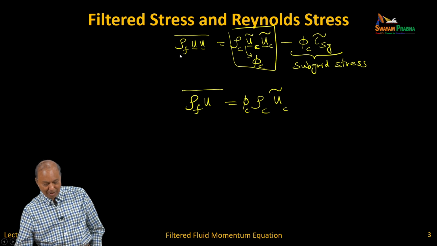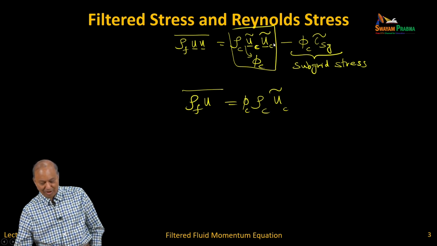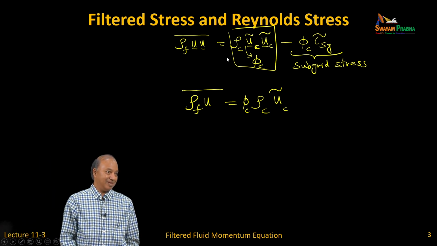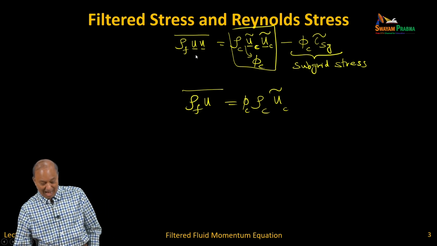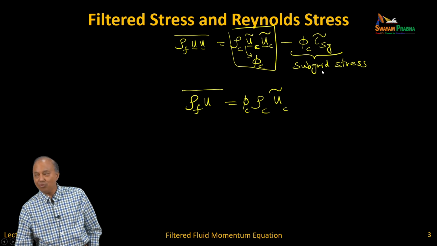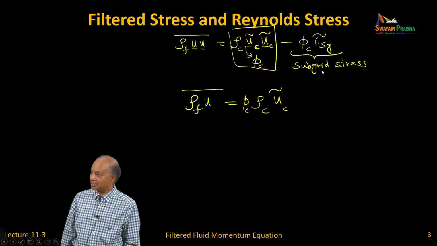So, you approximate this. This is what you get after averaging, but this is what I really want to have, because this looks like a Navier-Stokes term. The two are different because there is subgrid stress. Okay.